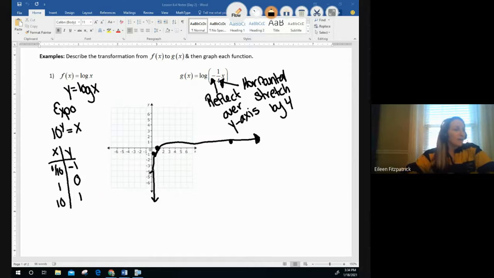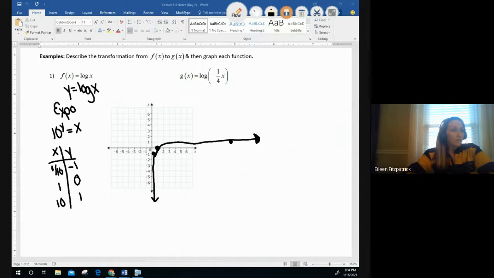All right. Now, if I wanted to graph the new function, I could perform the transformations, or I could change forms. Let me erase all this for a second. For the g of x function, changing forms, it would be log base 10 of y equals -1/4 of x. Multiply both sides by -4. Then you'd have x is equal to -4 times 10 to the y, right?